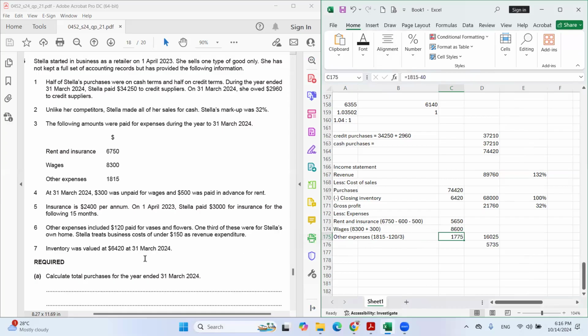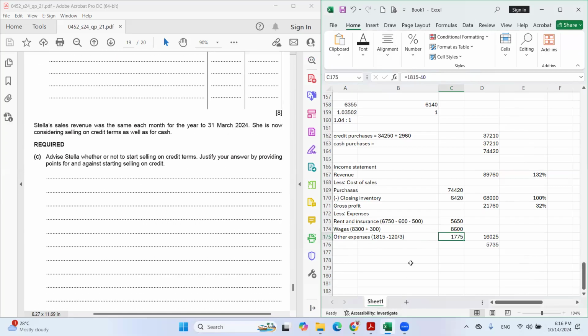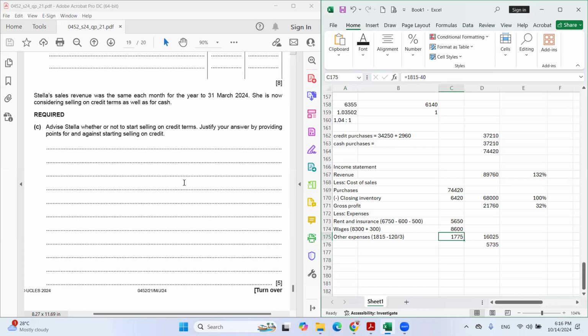Now next, Stella's sales revenue was the same. And then each month she's not considering selling on credit as well. So advise Stella whether she should start selling on credit. We talk about advantages.